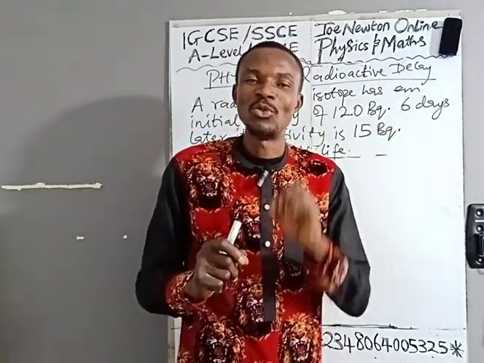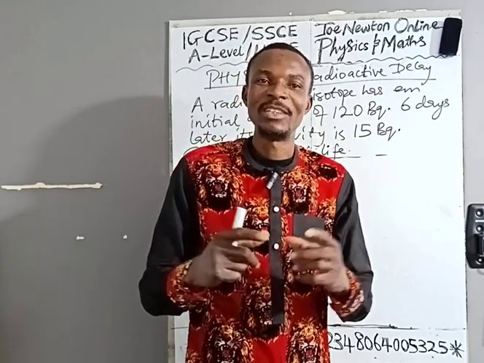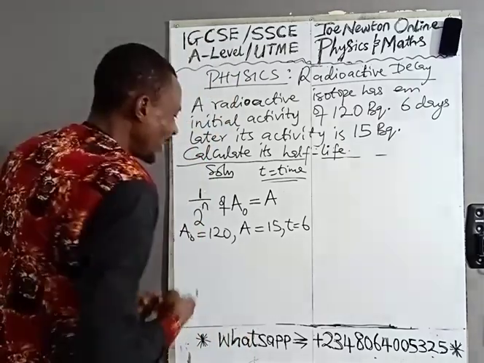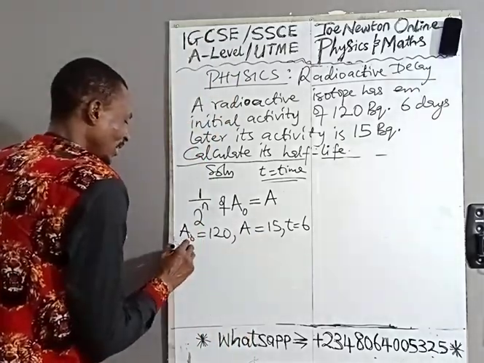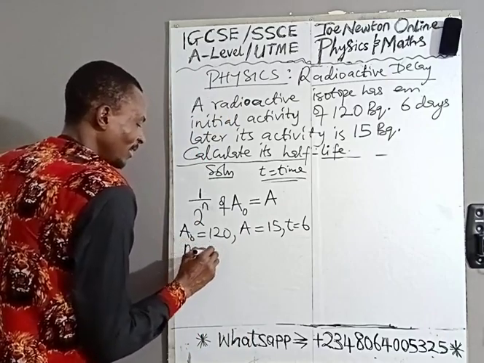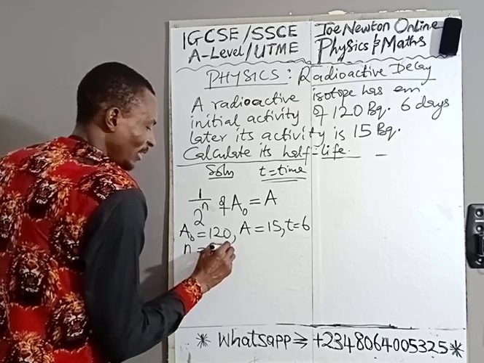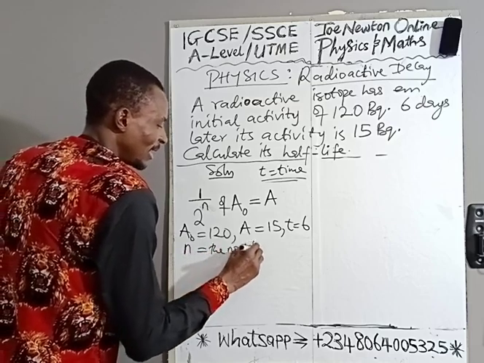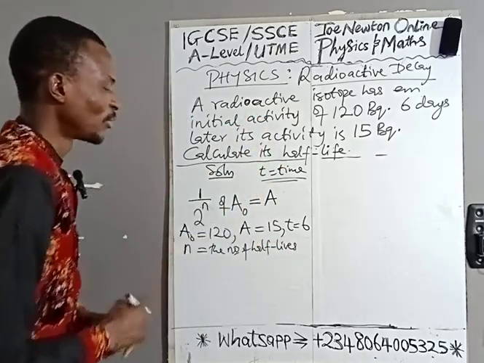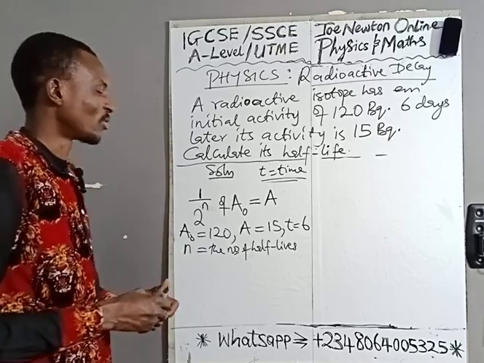These are concepts you should be familiar with in treating nuclear or atomic physics. Okay? So n is the number of half-lives. You see it? With this, we can continue our work successfully.